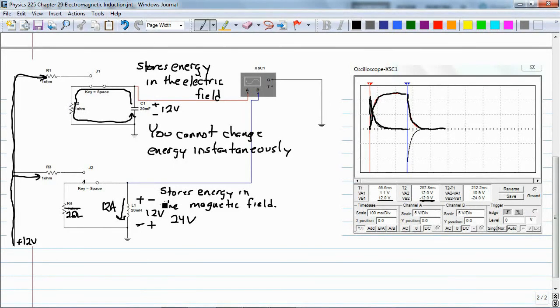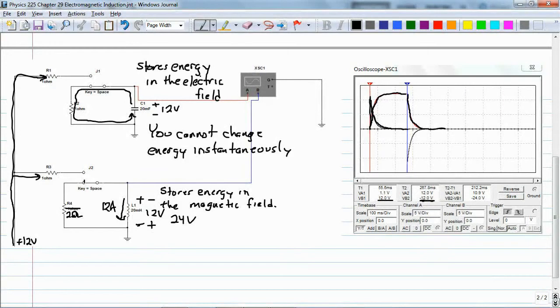So it only took 12 volts to resist the change, and then it died out. But to keep the current at 12 amps through a 2 ohm resistor, it's going to have to double the potential to keep that going. So an inductor will do whatever it has to do to maintain this current flowing in the direction that you try to change. And so this is the idea of Lenz's law.